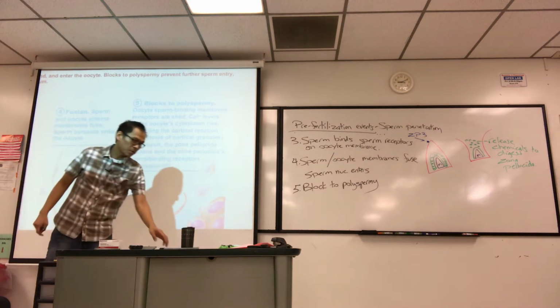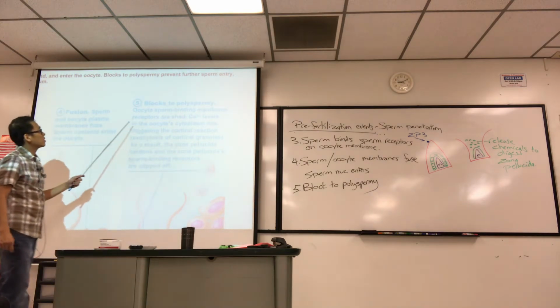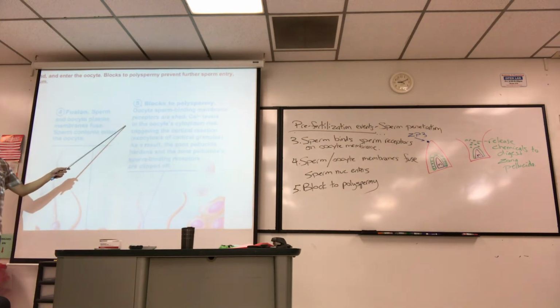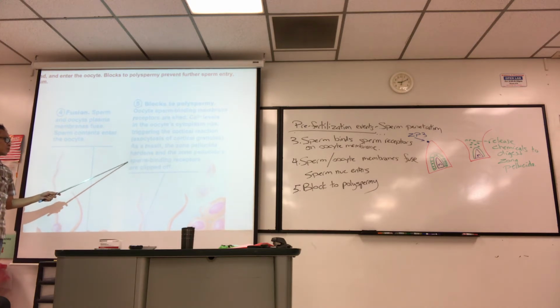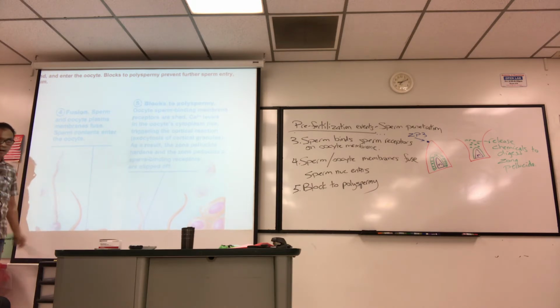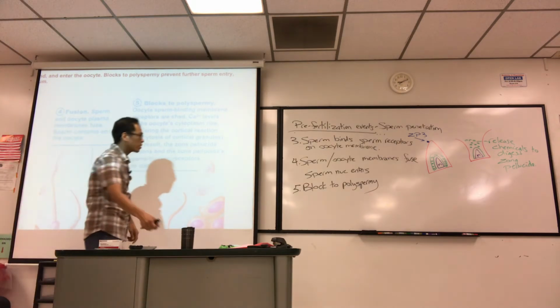So the block to polyspermy is calcium levels rise in the oocyte, triggers the cortical reaction. It's an exocytosis of those blue granules. As a result, zona pellucida hardens, and the zona pellucida's sperm-binding receptors are clipped off. That'll keep all the other sperm out.